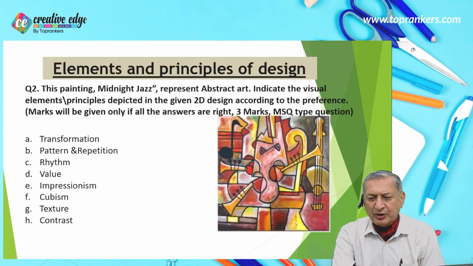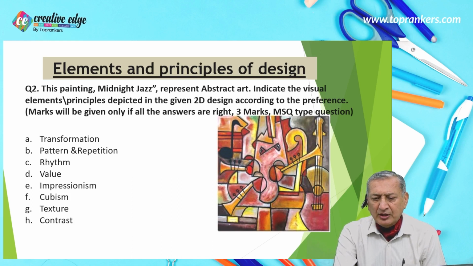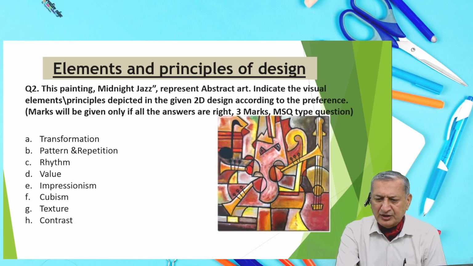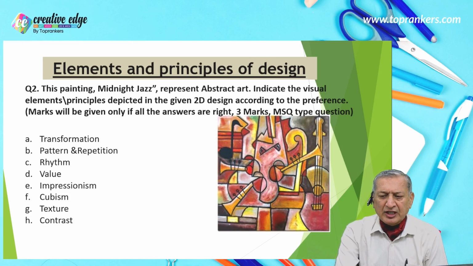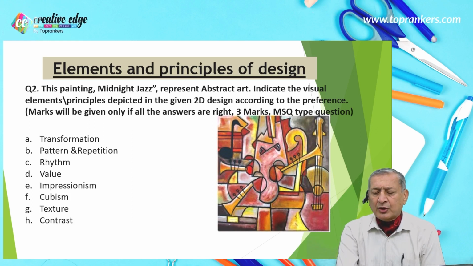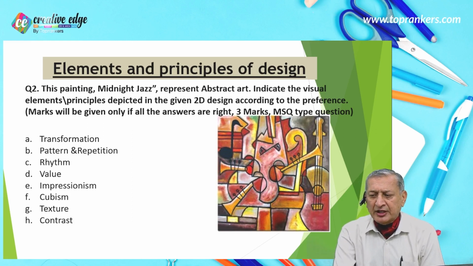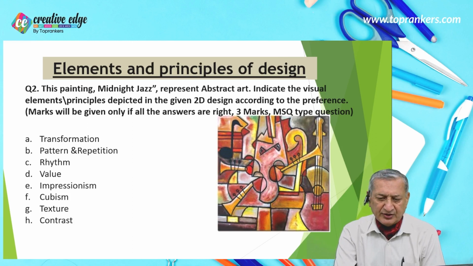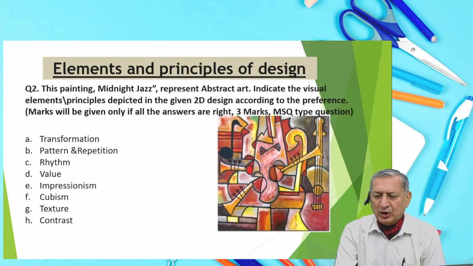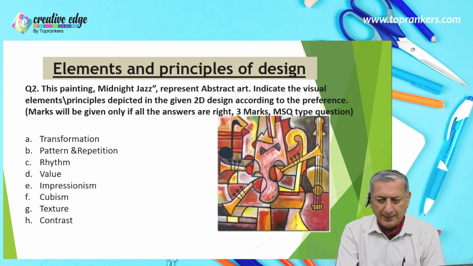Elements and principles of design could well be tested with such kinds of images. This painting, called Midnight Jazz, represents abstract art. Indicate the visual elements and principles depicted in the given 2D design according to the preference. Marks will be given only if all the answers are right. 3 marks, MSQ type question.